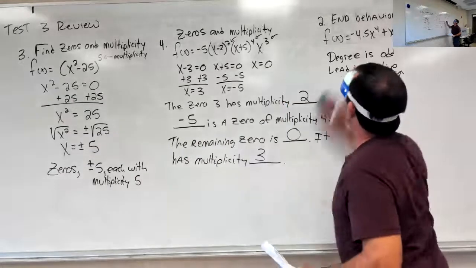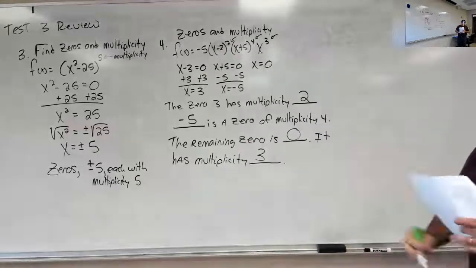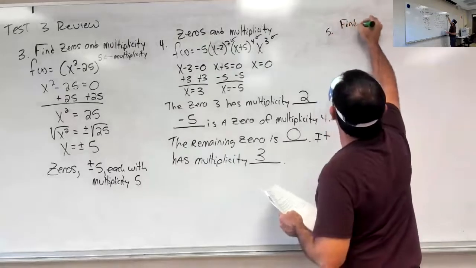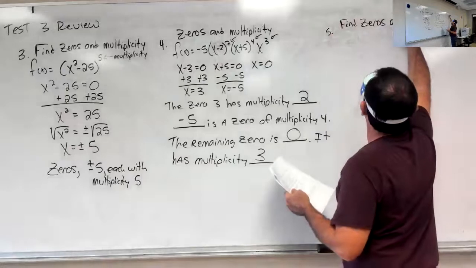All right, the next one is the same thing, but it is a 4-term polynomial. So I'm still going to find zeros and multiplicity.